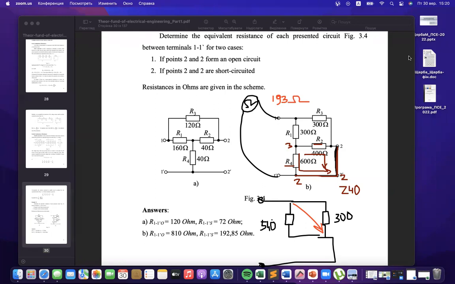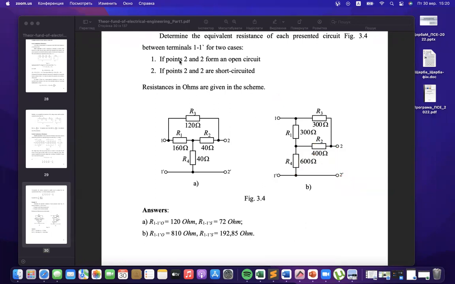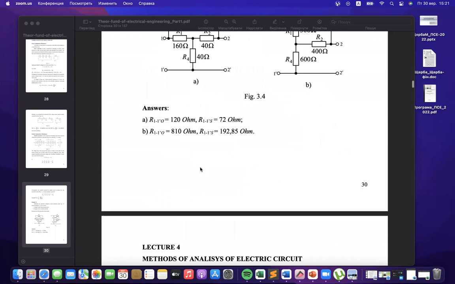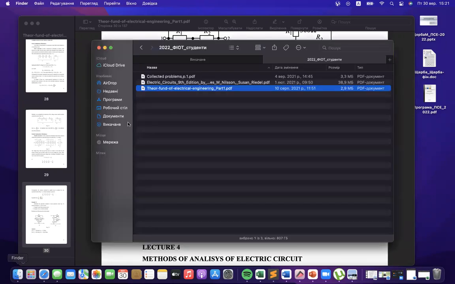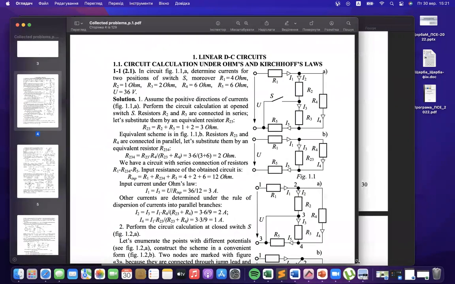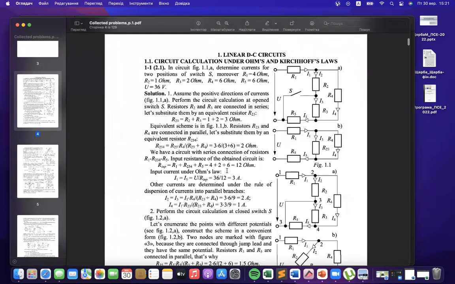Yeah, okay, perfect. I think the general idea is clear. Both of you generally understand how the things will go, and you will train with teacher Ludmila this part of material, this equivalent transformation, on practice. Also, I will send some practical tasks just to make this material more clear.